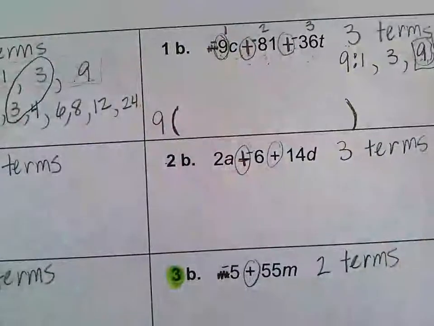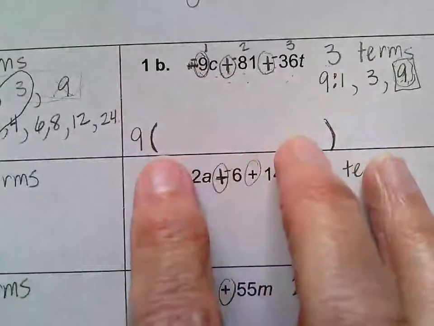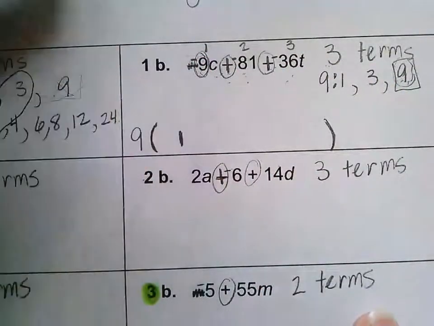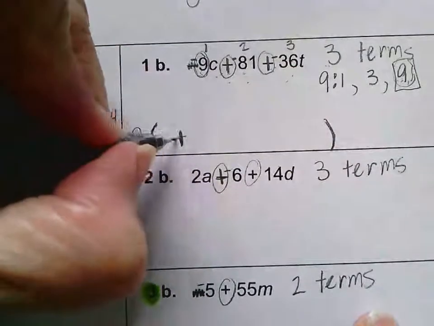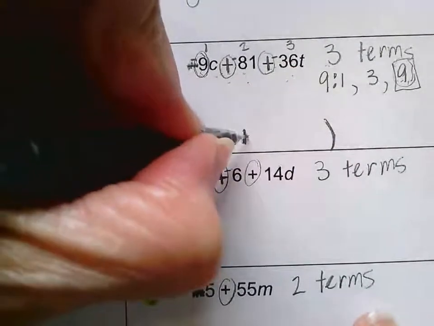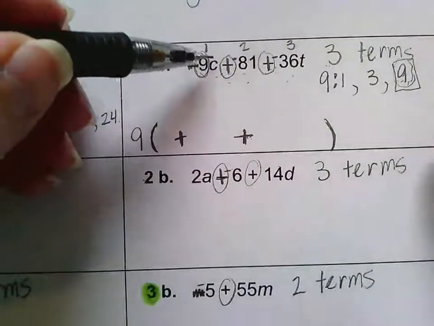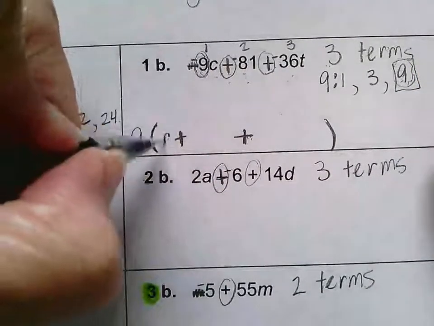of the parentheses, and I'm making these bigger because I have 3 terms. I'm going to bring down my variables so that I don't forget about those.